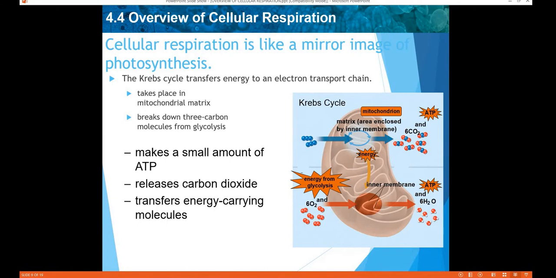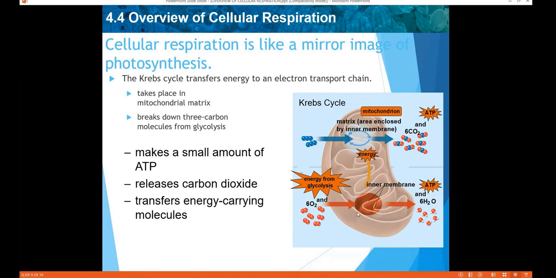So a small number of ATP molecules are made and other types of energy carrying molecules are also made. Carbon dioxide is given off as a waste product during this process.